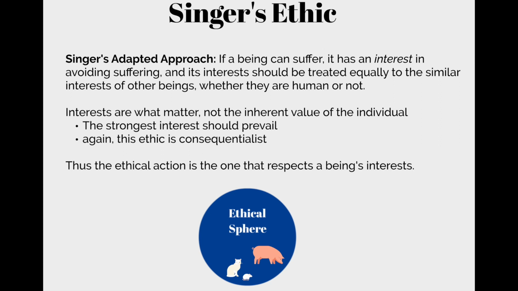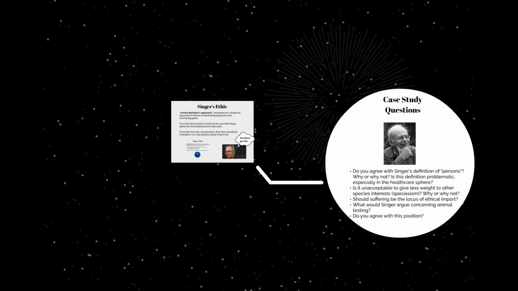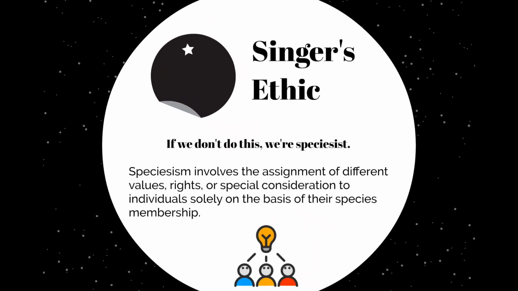So an ethical action for Singer is one that respects all impacted beings' interests, be they human or not. And in fact, if we don't include animals who have interests and who are being impacted by an action in our ethical calculations, then Singer argues we're being speciesist.